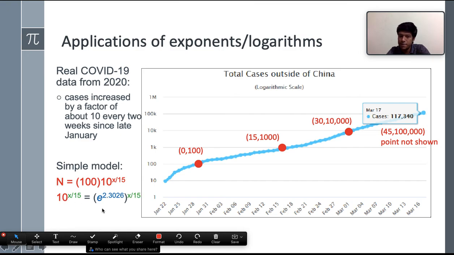That means 10 means e to the power 2.3026, where e is 2.718. So 2.718 to the power 2.3026 will give you 10. So we can write this as N equals 100 e to the power 0.1535 x.